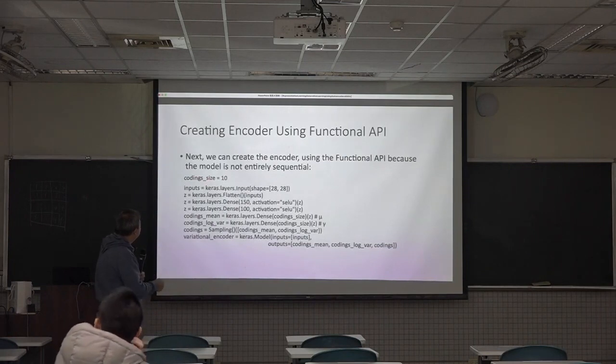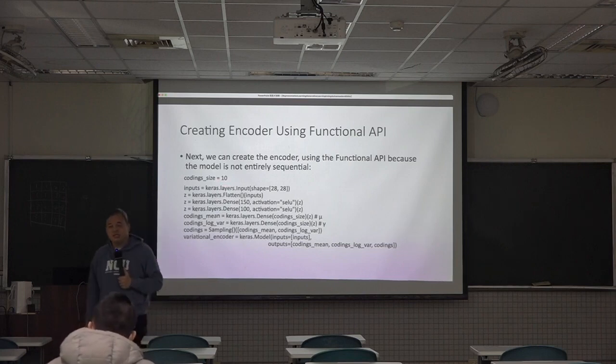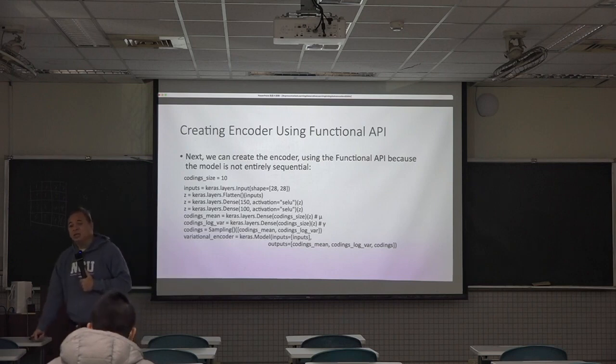So first, we assume our coding size is 10. As for what size of coding you want to use, again, this depends on the complexity of the data that you want to generate.